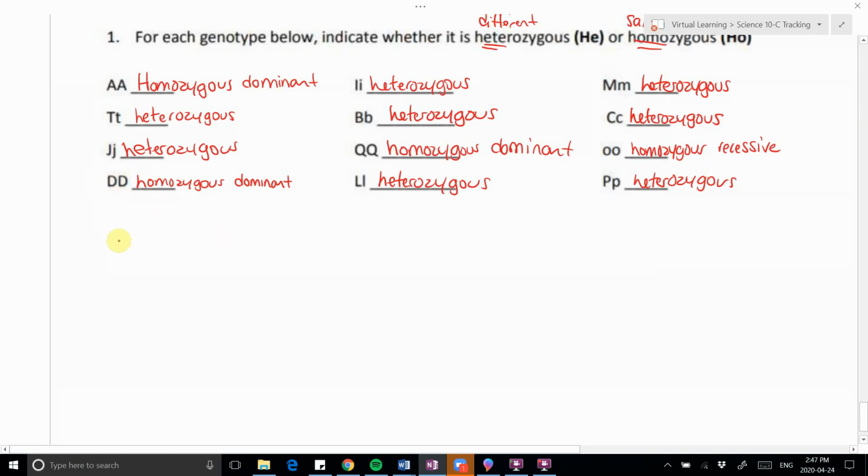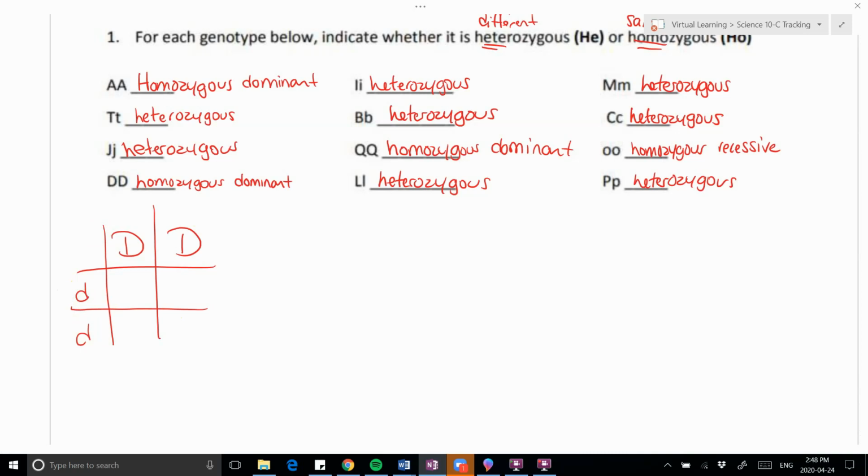But essentially, when we look at Punnett squares, we look at what happens if we take someone who is, let's say, homozygous dominant. So we'll take that DD, right? That's one person. And they are going to cross with someone who, let's say, is homozygous recessive. So these are two people. What are the possibilities for their offspring? Remember, you're inheriting one from your mother and one from your father.